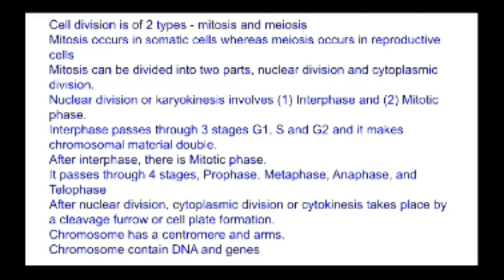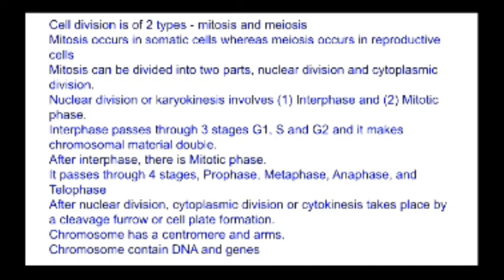After interphase, there is mitotic phase. It passes through four stages, prophase, metaphase, anaphase and telophase. After nuclear division, cytoplasmic division or cytokinesis takes place. The cytokinesis takes place by a cleavage furrow in animal cell or cell plate formation as in plant cell.